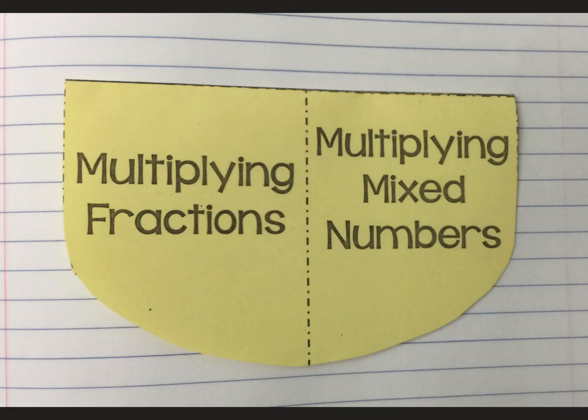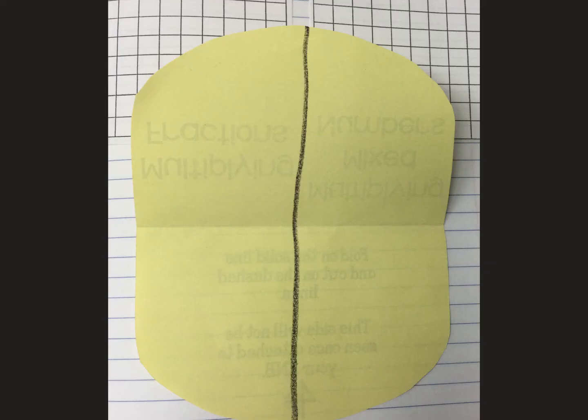So the last thing we're going to do is we're going to take some notes about solving problems like this. Now, when I'm multiplying fractions, the first thing I have to do is make sure everything's a fraction.